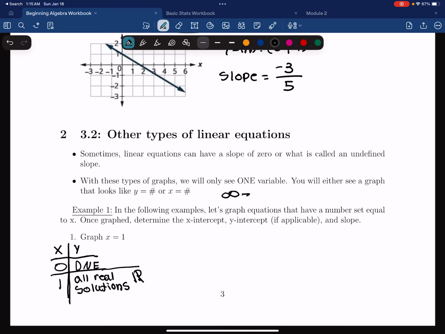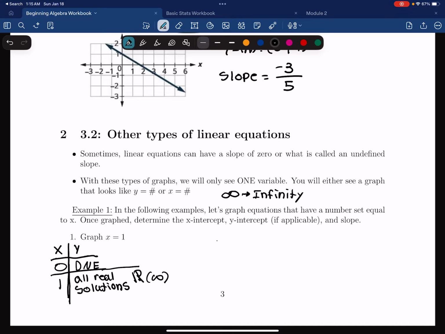If you aren't aware, this symbol means infinity. So when we get all real solutions for our y values, that means our y values are going to infinity, both positive and negative infinity.